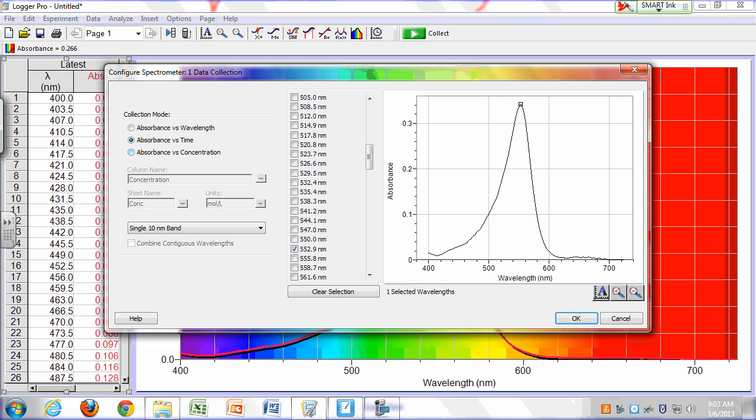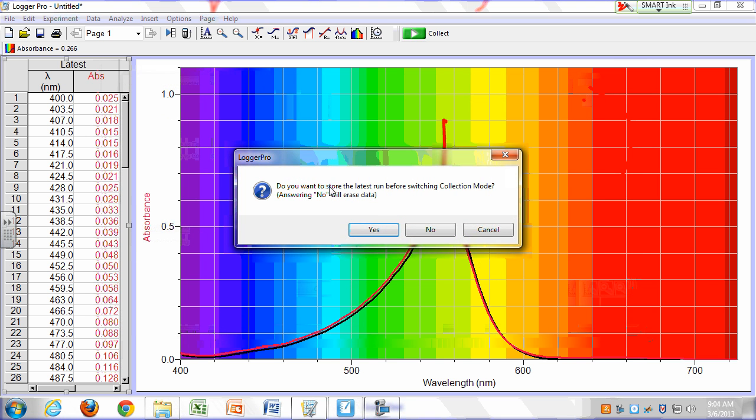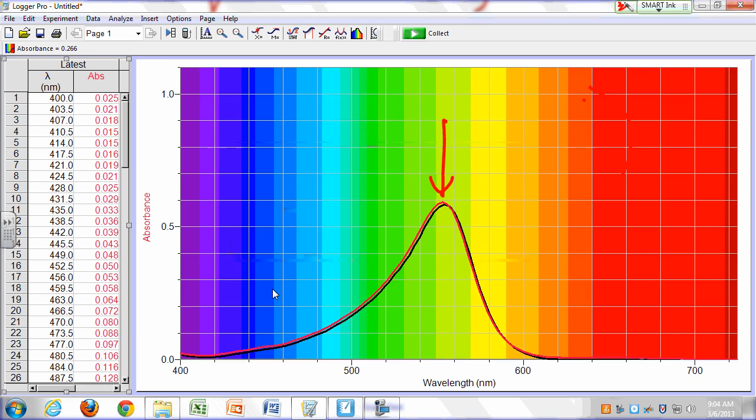So make sure you check this box right here. Absorbance versus time right here, and then you specify the absorbance that you're going to be monitoring. So around 553, that's where the peak of your absorption is. Okay, so I'm going to click OK on that one. I'm not going to store this latest run, so I'm just going to say no.